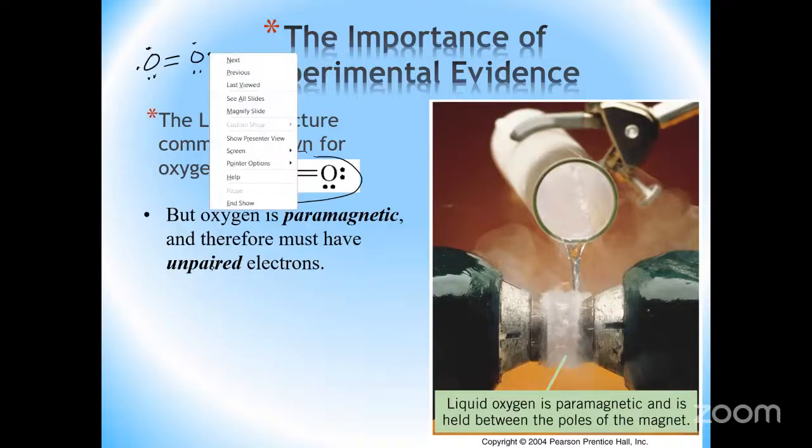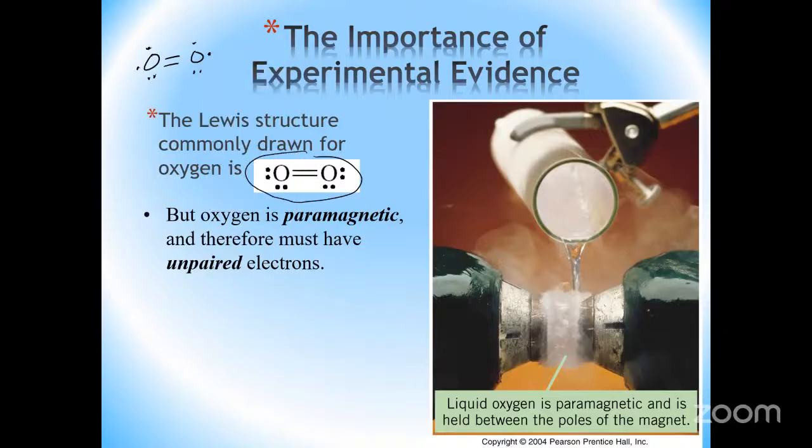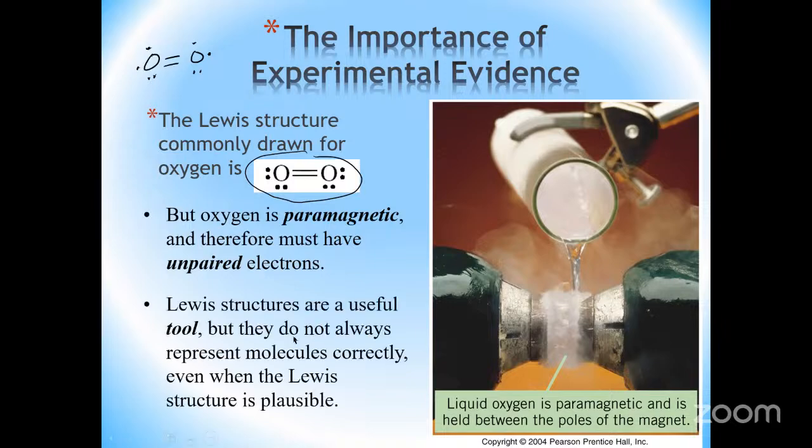So that is more likely to be the arrangement in terms of the magnetic properties displayed by oxygen. This highlights the fact that Lewis structures are useful when it comes to drawing the structures of molecules, but you need to keep in mind that there may be, as in the case of oxygen, instances where experimental results contradict the Lewis structure that you would derive on paper, all right?